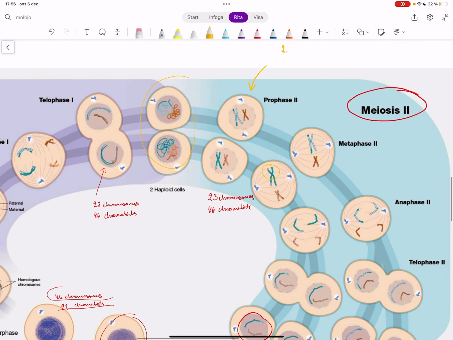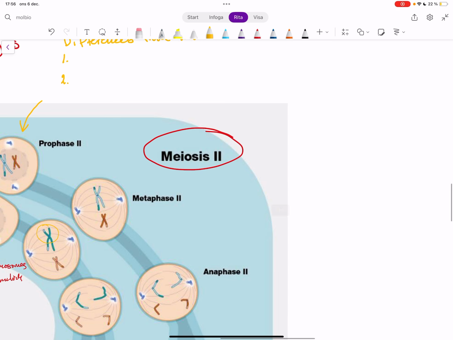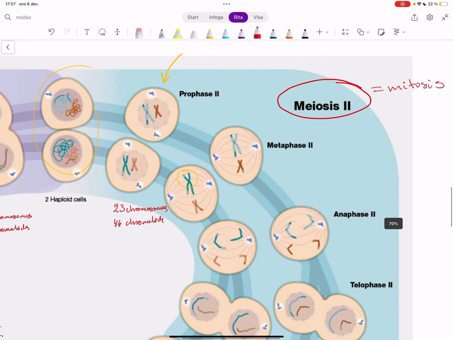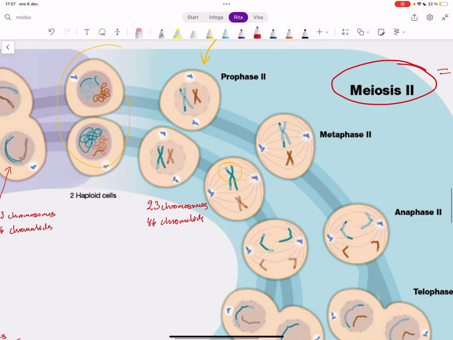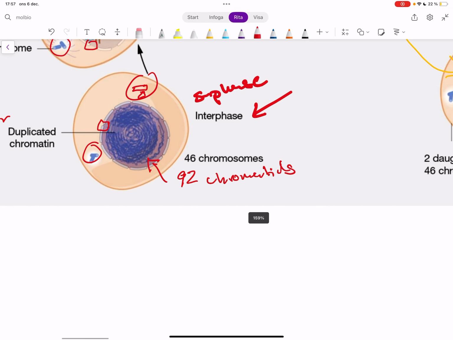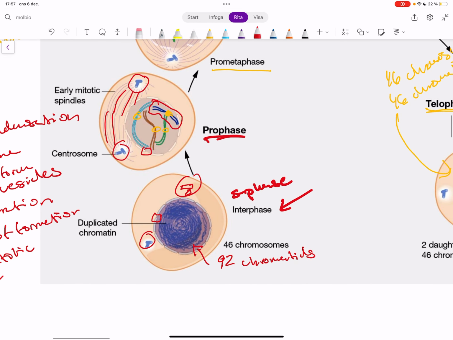Okay, now when we enter prophase 2, meiosis 2 is exactly the same as mitosis. If you know mitosis, then you know meiosis 2. The only difference you have to keep in mind is how they start. Prophase 2 starts with 23 chromosomes and 46 chromatids, while prophase in mitosis starts with 46 chromosomes and 92 chromatids.